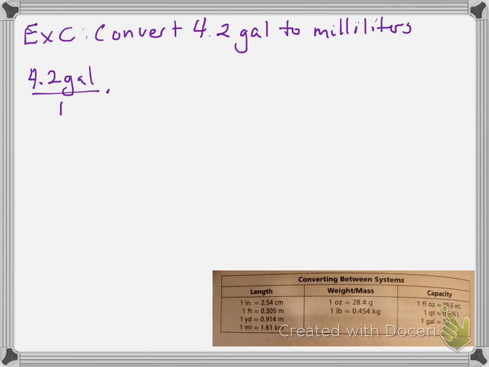Alright, and what you should notice is that there's not a straight gallons to milliliters. But on our chart, because we're dealing with capacity, I see down here that it says 1 gallon is 3.79 liters. So that's going to be our next thing that we're going to use.